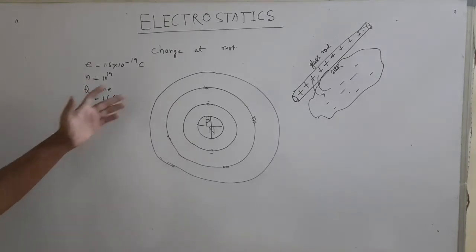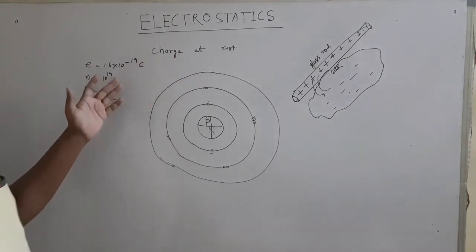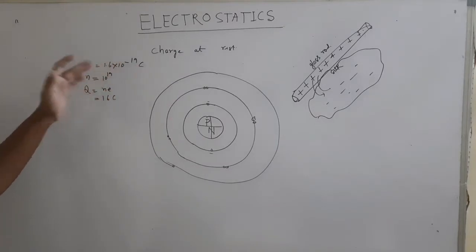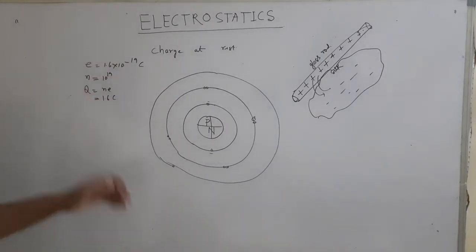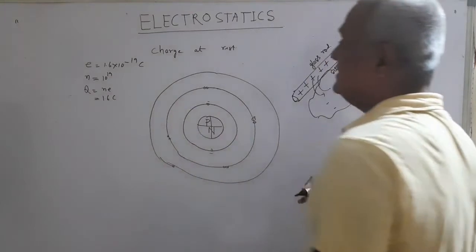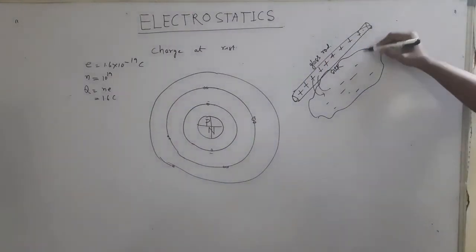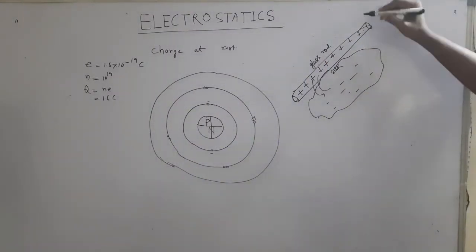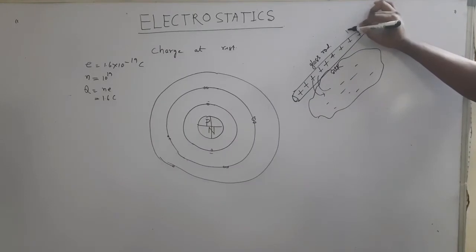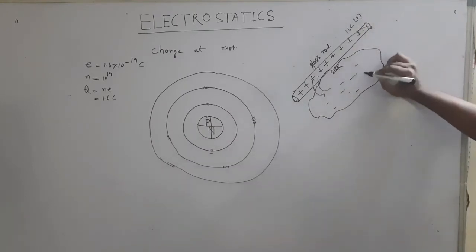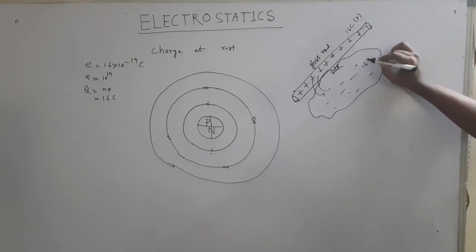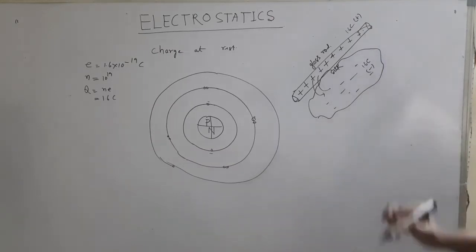So if the charge on one electron is 1.6 × 10^-19 coulomb, and the glass rod loses 10^19 electrons, the charge on the glass rod is 1.6 coulomb positive, and the charge on the silk is 1.6 coulomb negative.